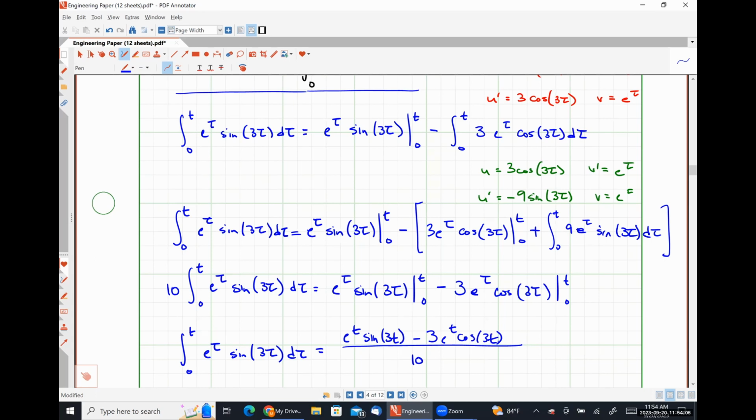What happens when I substitute in 0? It's going to look like 1. So I'm going to have minus -1, right? Because I have this minus sign out here. So if I split that off, I would have 3 e^t cos 3t minus 3. And then when I have that negative sign there, it's going to make it look like +3.